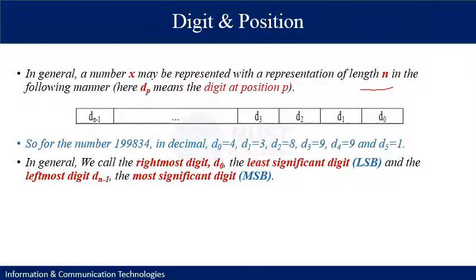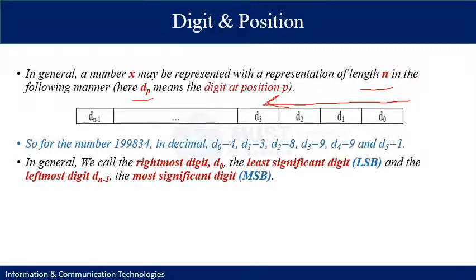So here we represent b_p as the digit located at position p, and remember it will grow from right to left. So at location 0 we will have our first digit, at location 1 we will have our second digit.